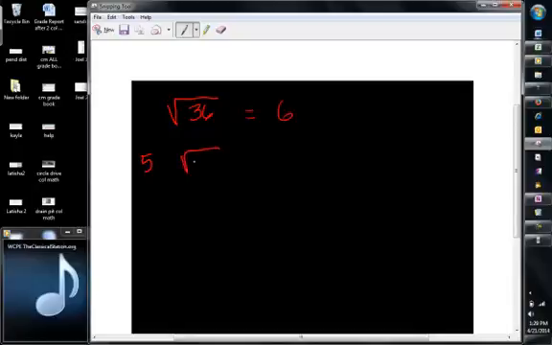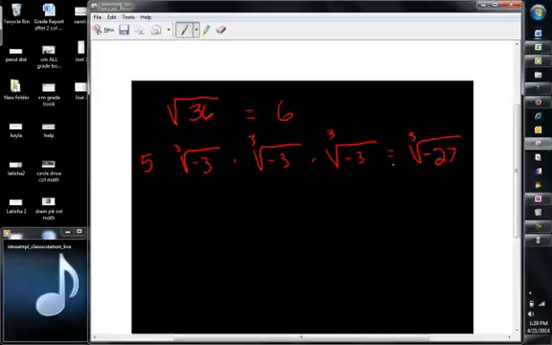Negative 3 to the 1/3 is the cube root of negative 3 times the cube root of negative 3 times the cube root of negative 3, which is the cube root of negative 27. How many 3's do you have? Well, you have negative 3 to the 3rd, and so the cube root of that is negative 3.